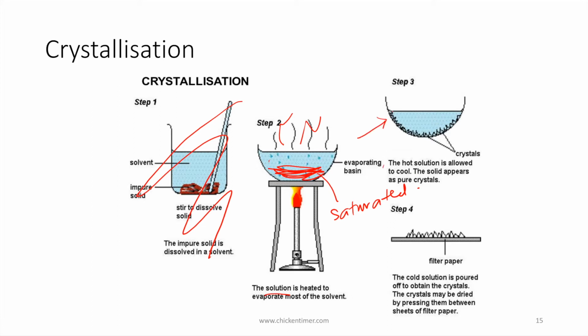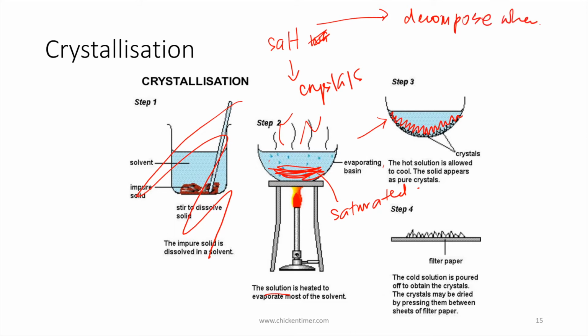Once it cools, the salt crystals will appear, and you can scrape them out, put them on filter paper and dry them. That's crystallization. This is usually for salts where you want crystals, and the salt will decompose if you heat it strongly. So this is when you use crystallization.